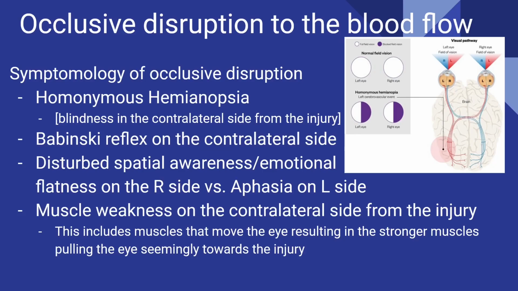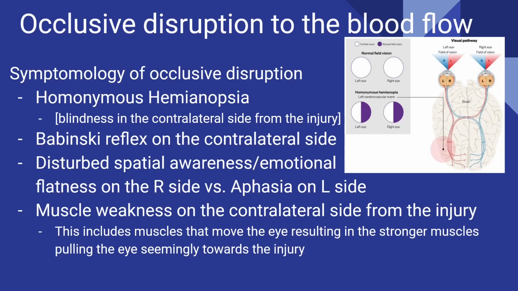Then something that we don't talk about as much, but is something to consider in your assessment, is when you have a stroke on the right side, you have more disturbed spatial awareness and more emotional flatness. But we have the Broca area, the speaking area, on our left side of the brain. So when we have left-sided strokes, we end up seeing more aphasia.